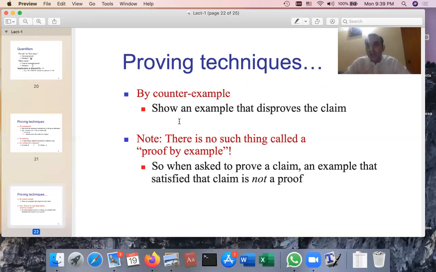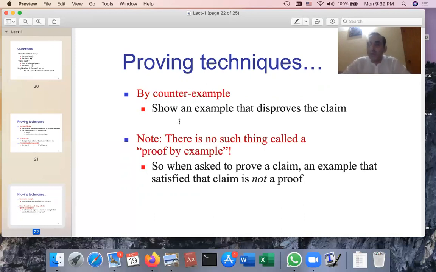But it does not mean that you can come up with a single example, or maybe two or three similar examples, and then say, hey, look, this is something I proved for 4 or 5 values, and keep on doing like this, and then say something is proved.